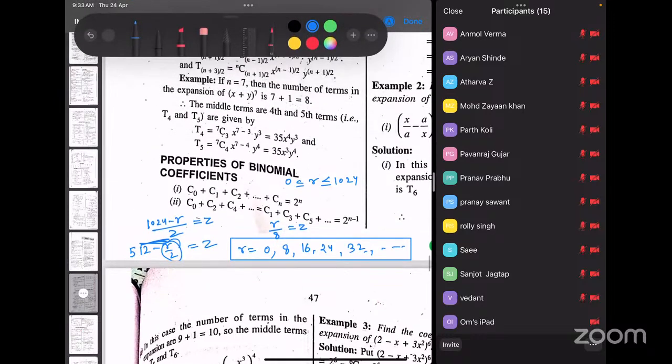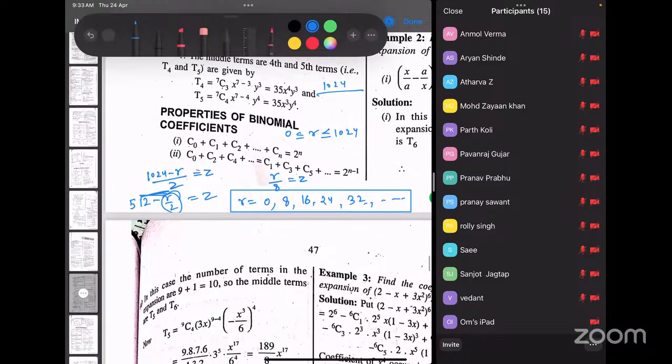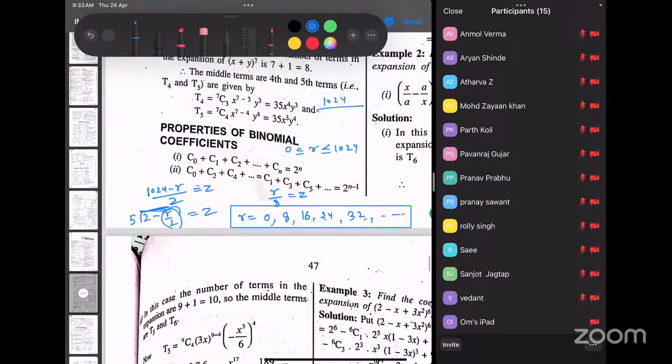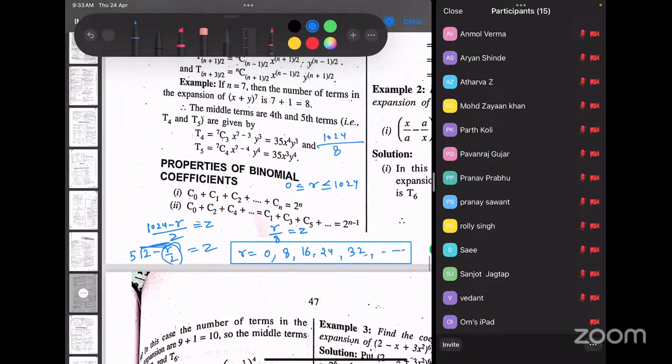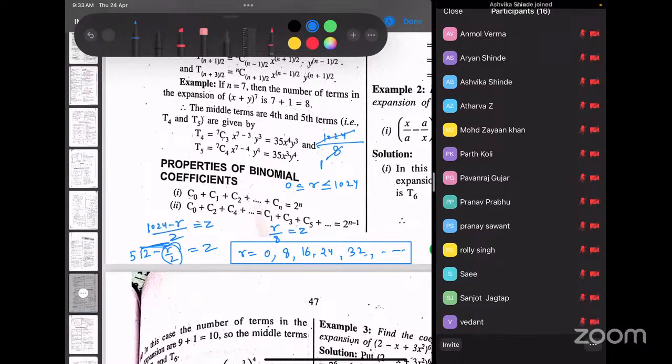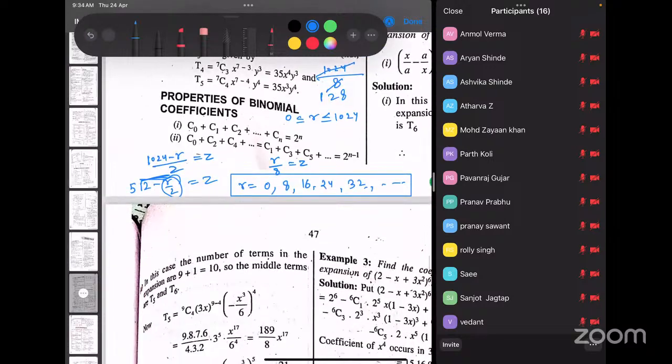If you divide 1024 by 8, is it divisible by 8? Yes, it is divisible by 8. So the last term will be 1024.